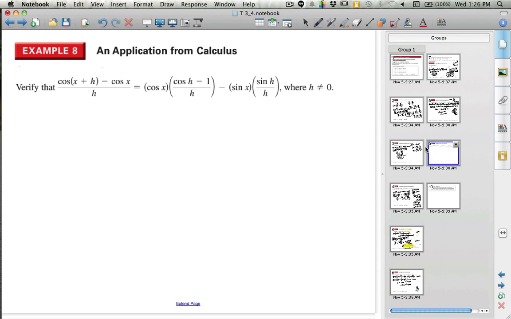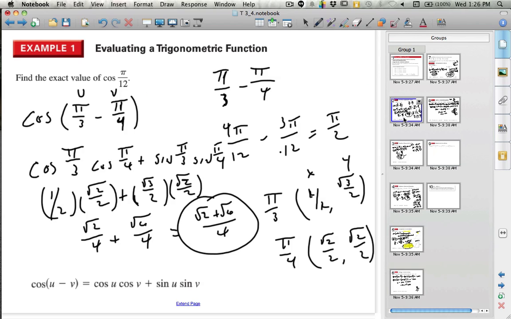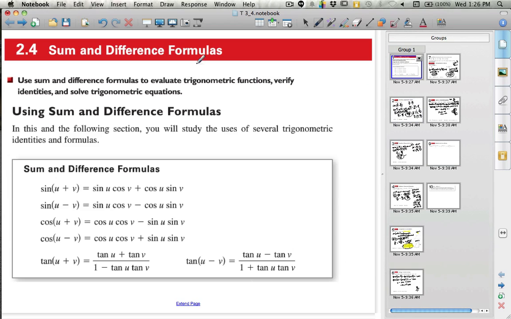Okay, and our last example from this chapter is wanting to verify the identity. Remember again that we're going to change one side of the equation. So over here I have a sum formula for cosine, so that's probably what I'm going to be working with. Let's go ahead and grab that.